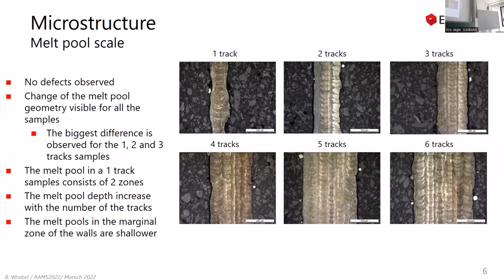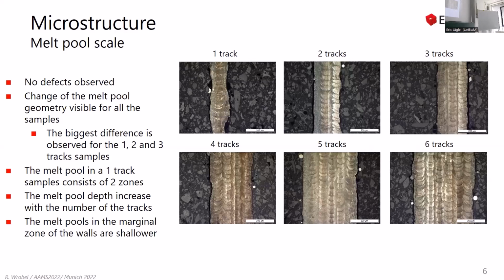Starting from three tracks, the melt pool formation and morphology is more or less equal. In the 1 track wall, we can observe wider and shallower melt pools, and also a second area coming from the main melt pool. On 2 tracks, we have relatively shallow melt pools, but still slightly deeper than in the 1 track sample.